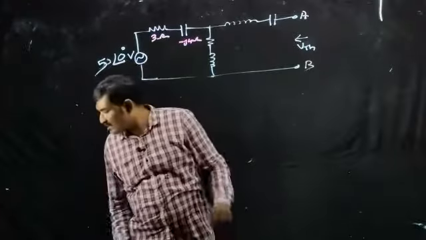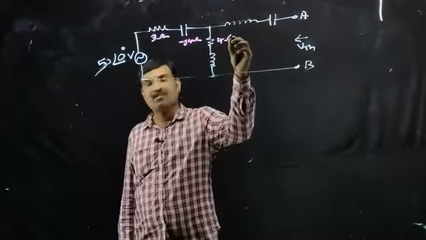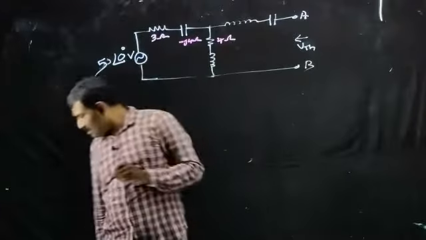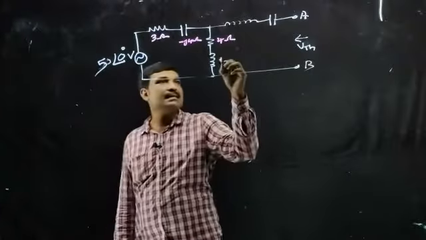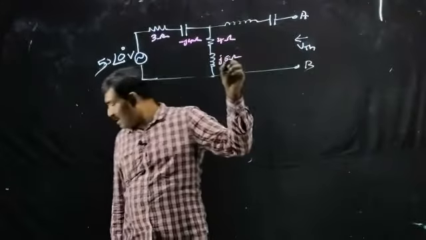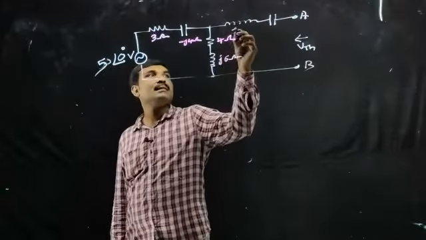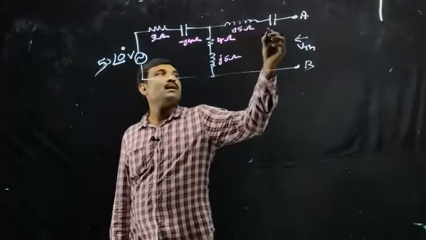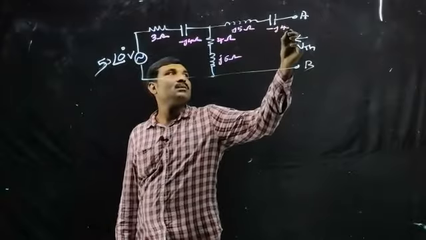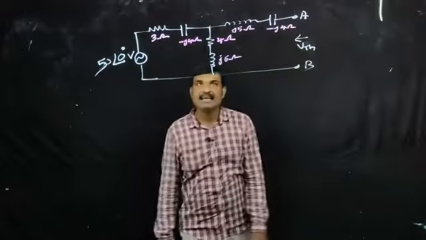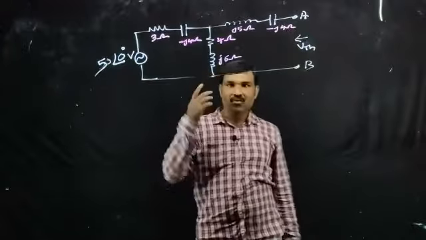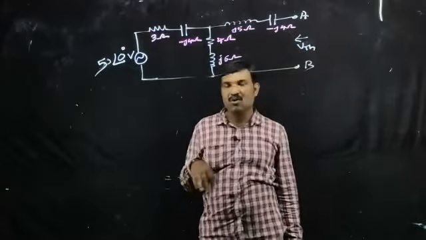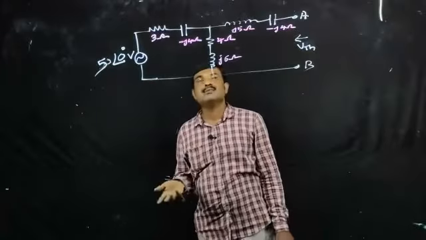The value of this resistance, let it be 4 ohm. This is J6 ohm and J5 ohm and minus J4 ohm. So the values of capacitance and inductance are given in terms of impedance, capacitive reactance or inductive reactance. So this is the circuit.